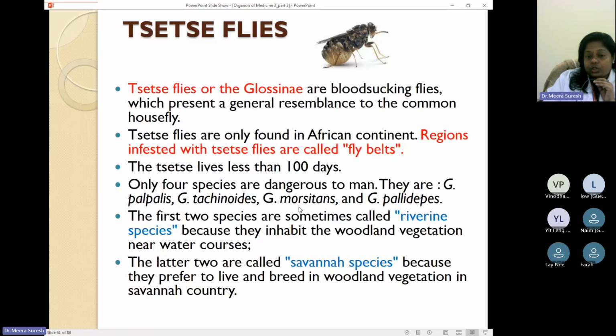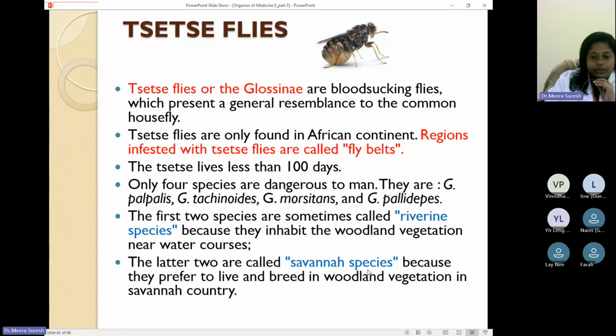And the last two, Morsitans and Pallidipes, are called savanna species because they prefer to live and breed in the woodland vegetation in the savanna country. It is mostly greenery, I think. The grassland, that is savanna. So two species are riverine and two species are savanna species.